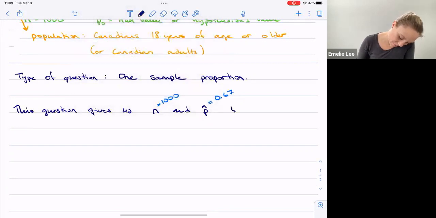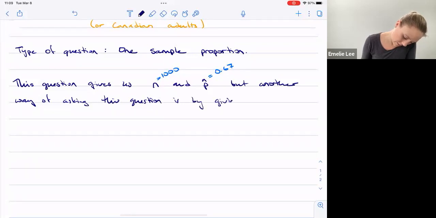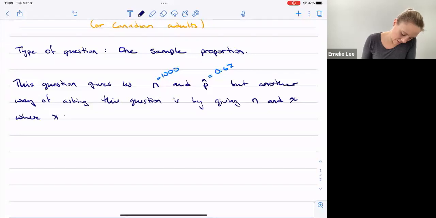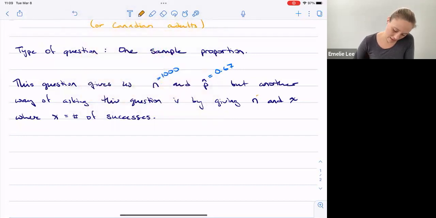But another way of asking this question is by giving n and x, where x is the number of successes, or the counts. n is still 1,000, of course, so that's going to be given regardless.